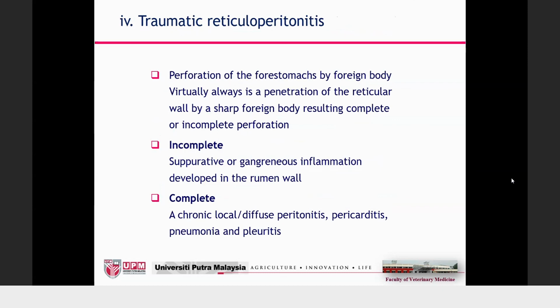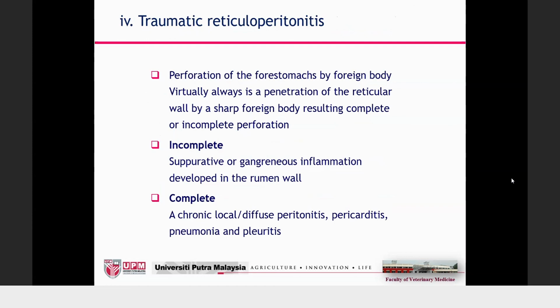The last one, traumatic reticular peritonitis. This is a mode of perforation of the stomach by a foreign body, always a penetration of the reticular wall with a sharp foreign body, resulting in complete or incomplete perforation. Very common, as I mentioned earlier, in animals roaming in construction areas, like cattle.